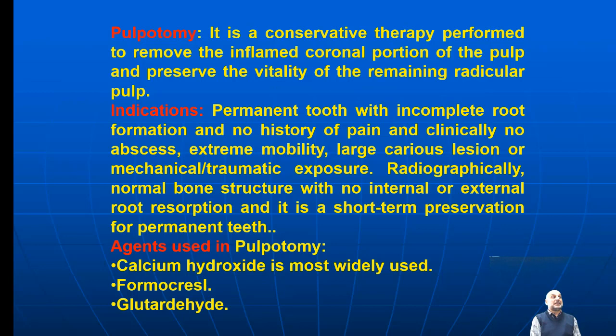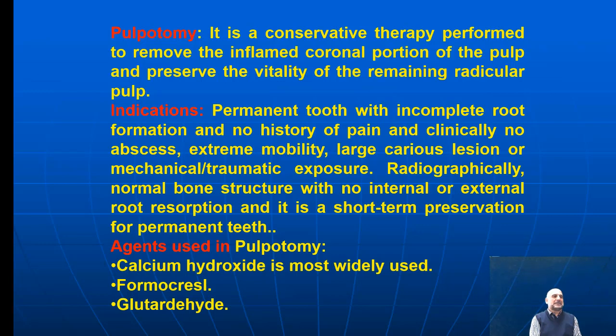Why do we do it? Indication: permanent tooth with incomplete root formation. This procedure permits completion of root formation and closure of the apex, and then we can do endodontic treatment. Also no history of pain and clinically no abscess. This is from the indications. Extreme mobility, large carious lesion or mechanical traumatic exposure.